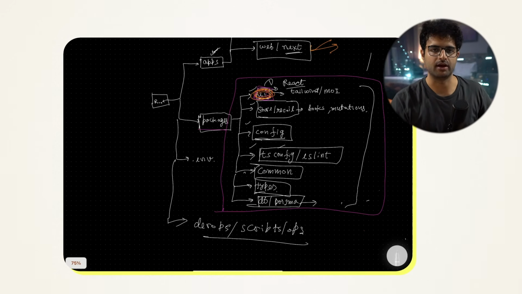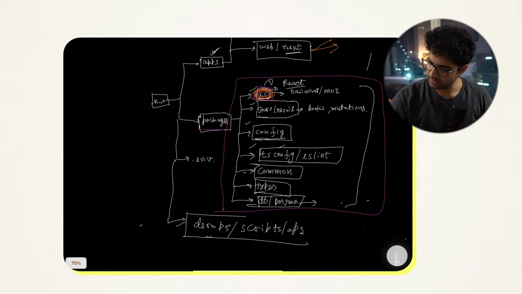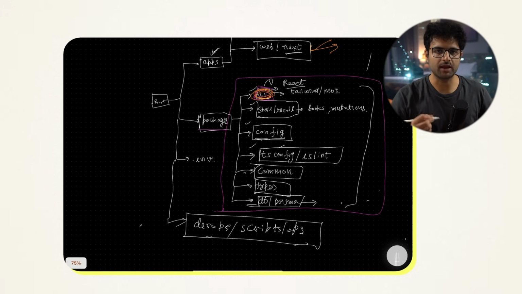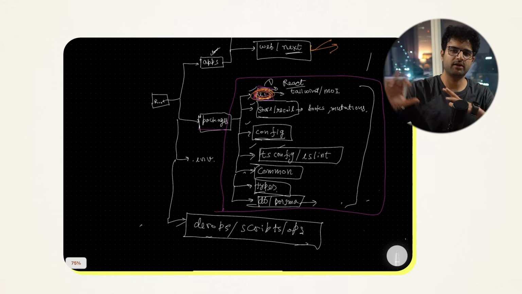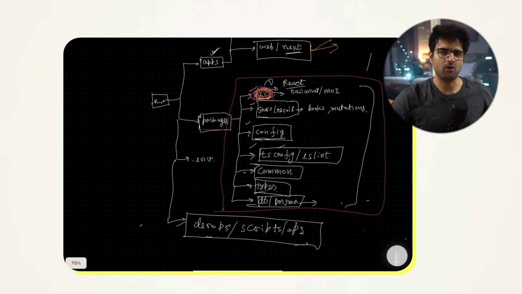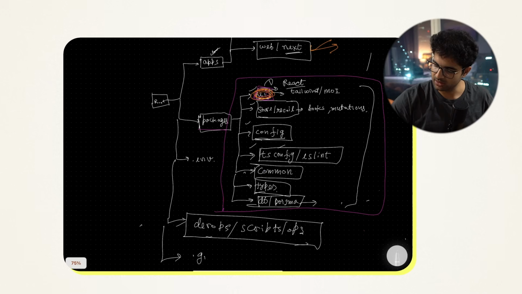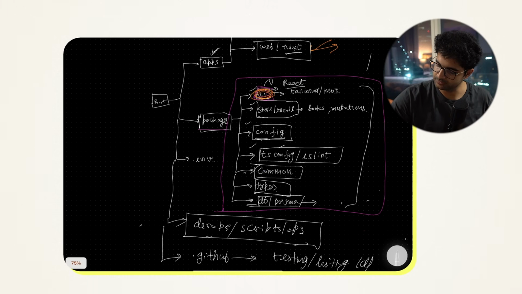Sometimes it contains your infrastructure as code files, describing your final deployment and what your instances look like, or specifically scripts that let you deploy your code from GitHub to the main repo. Also, if you're on GitHub, most probably there'll be a .github folder that contains all of your workflows for testing, linting, and maybe even deploying.